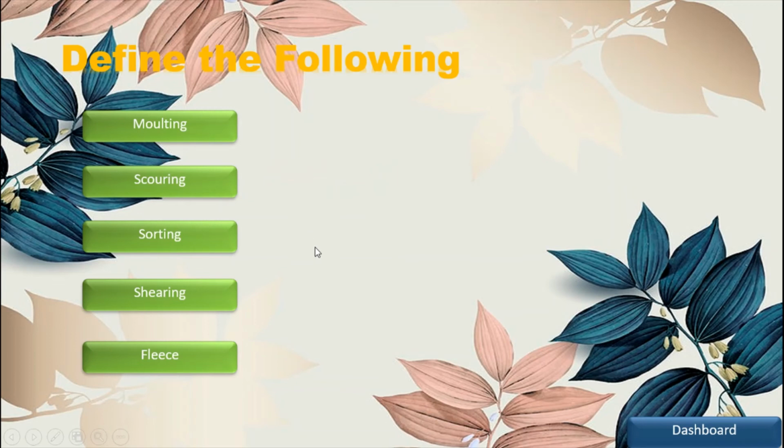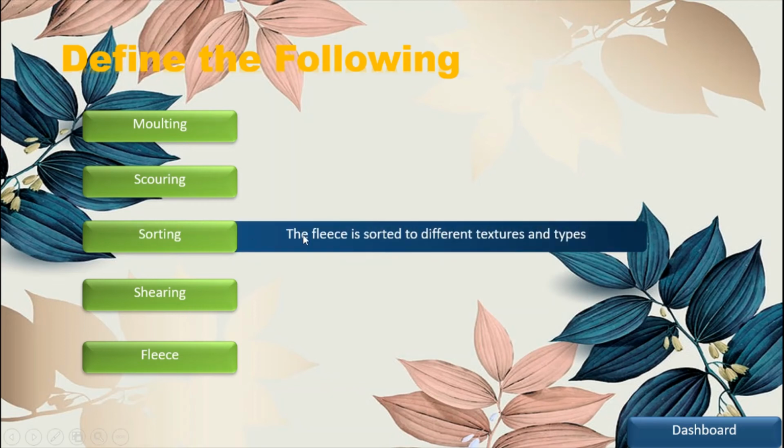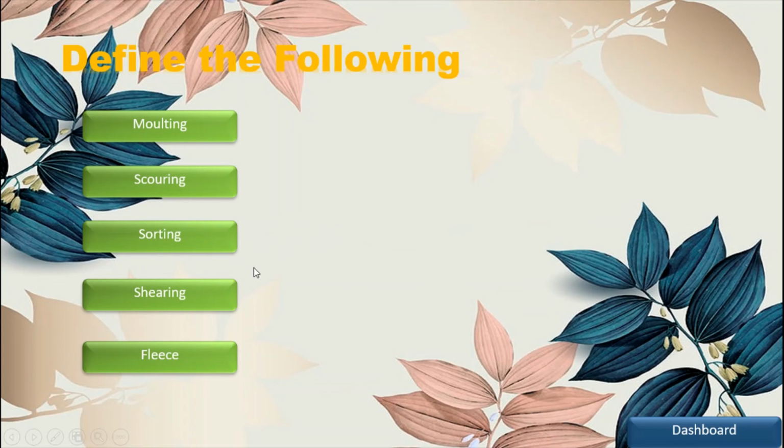What is sorting? Different textures and types are sorted in the form of colors, length, and quality, how soft or rough or coarse it is. The fleece is sorted into different textures and types. What is shearing? Removing the hair of the sheep.